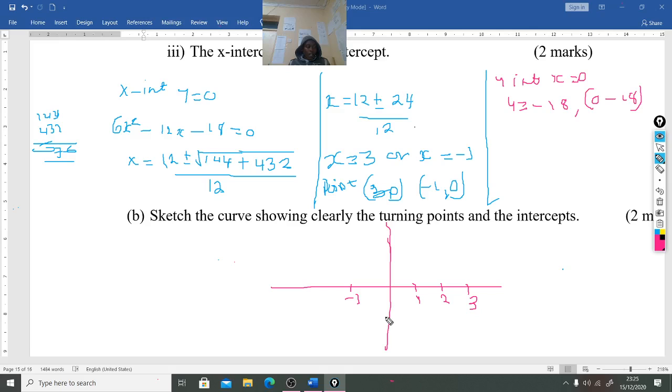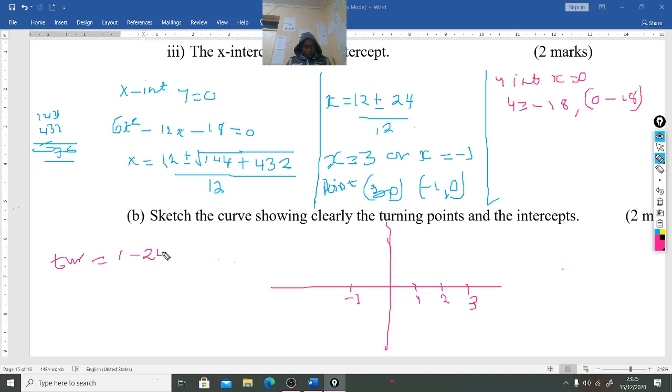I also had another point, that is the turning point. Remember the turning point, you need to know the turning point. We found it to be (1, -24).